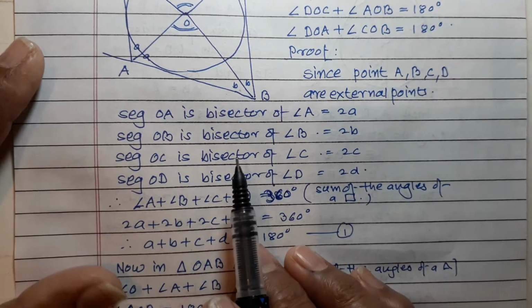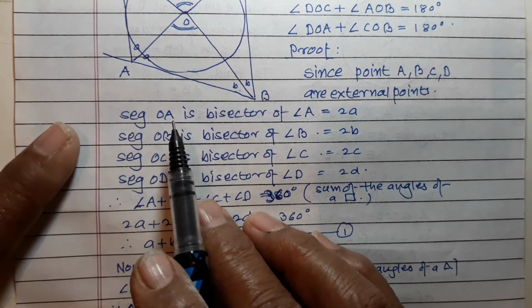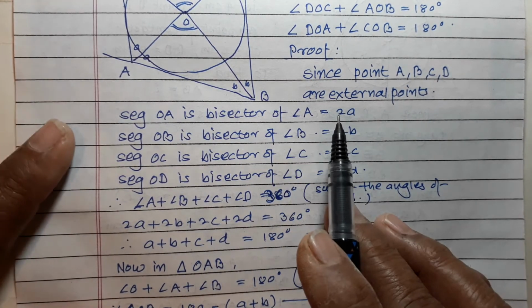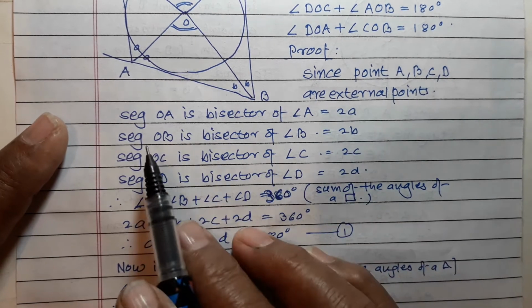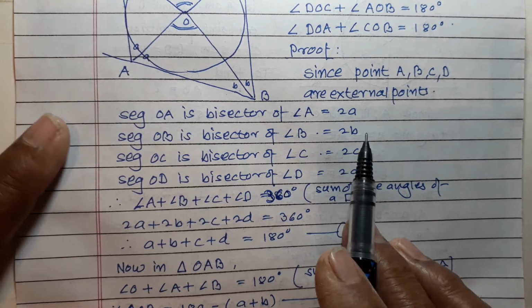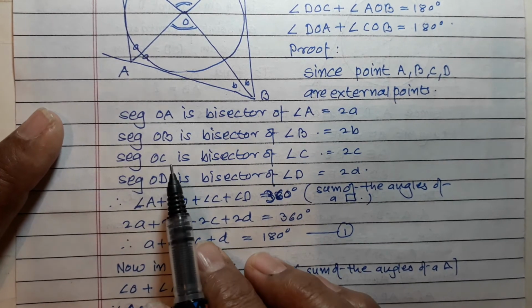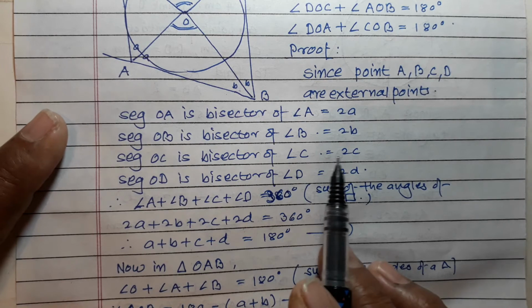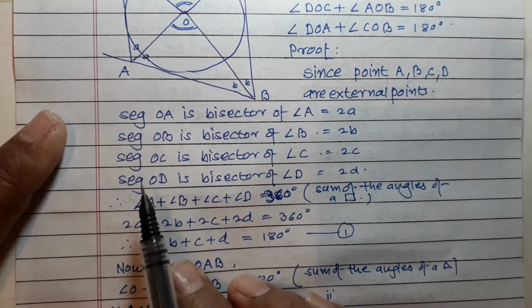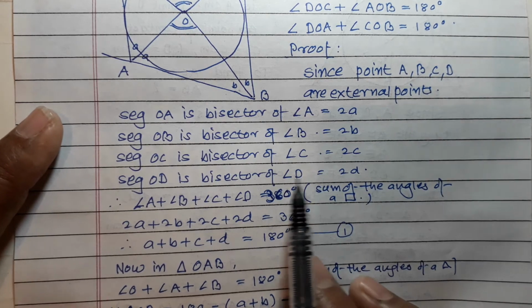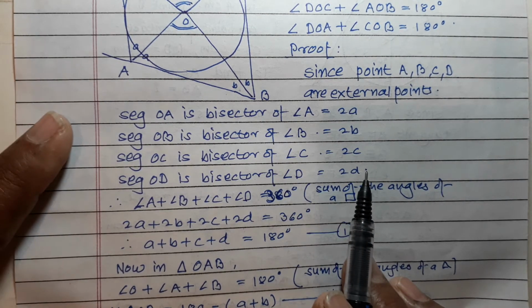So OA is the bisector of angle A, so angle A is equal to 2A. OB is the bisector of angle B, so angle B is equal to 2B. OC is the bisector of angle C, so angle C is equal to 2C, and OD is the bisector of angle D, so angle D is equal to 2D.